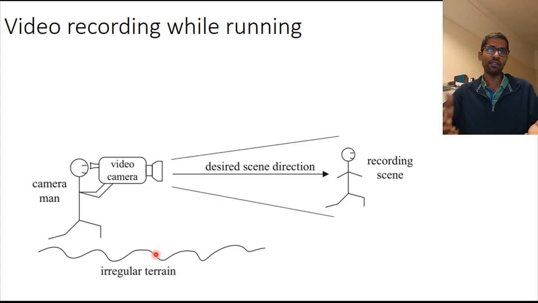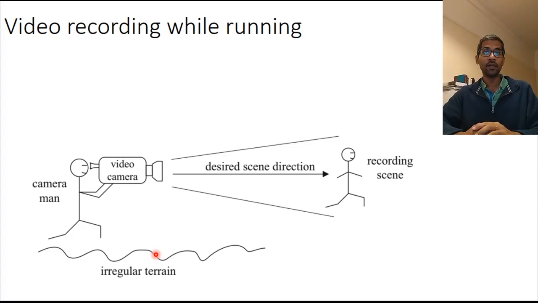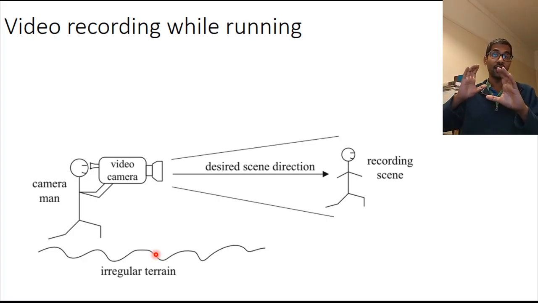But in general, you want your shot to be stable. You want to be able to look and focus at what is happening in the scene without the camera moving up and down. So this person is trying to stabilize as he's moving, and as he knows that he's going up and down, he's trying to keep the camera as stable as he can.